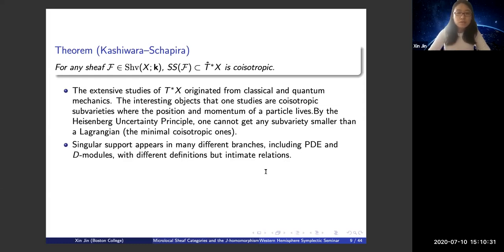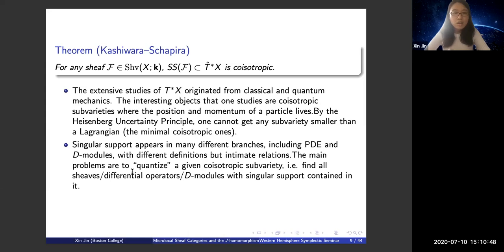The singular support appears in many different branches, including PDE and D-modules. This is more like an algebraic version, with different definitions but intimate relations. The key topic in those areas is to quantize a given co-isotropic subvariety.